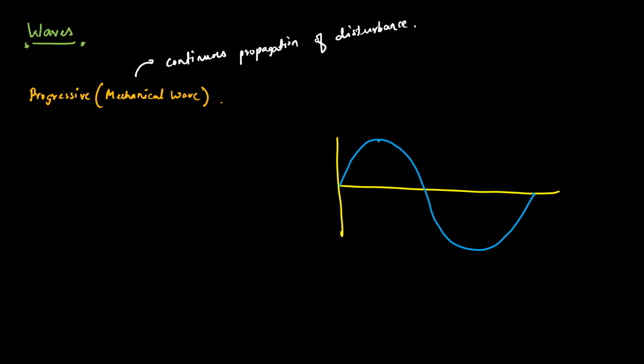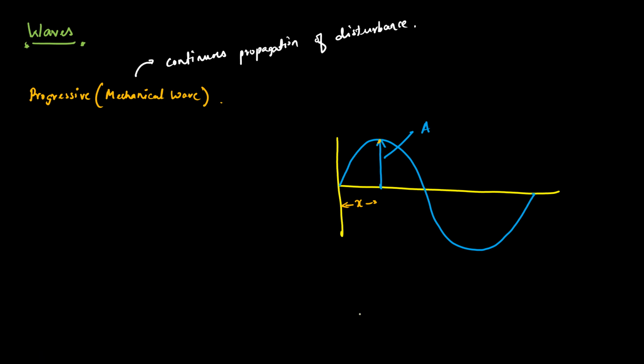So the highest point is known as your amplitude, and whatever distance the wave travels is known as your x at this particular point. And what is your time period?